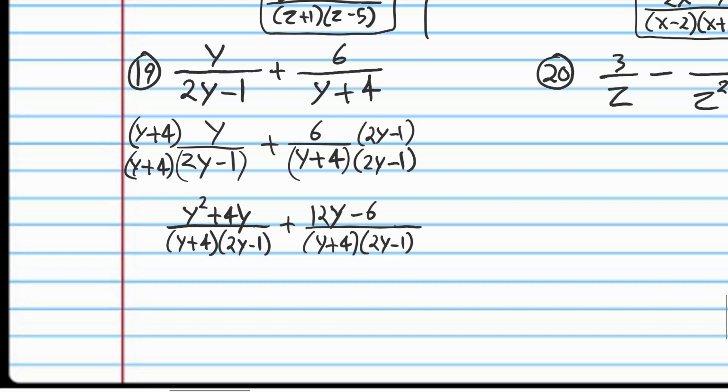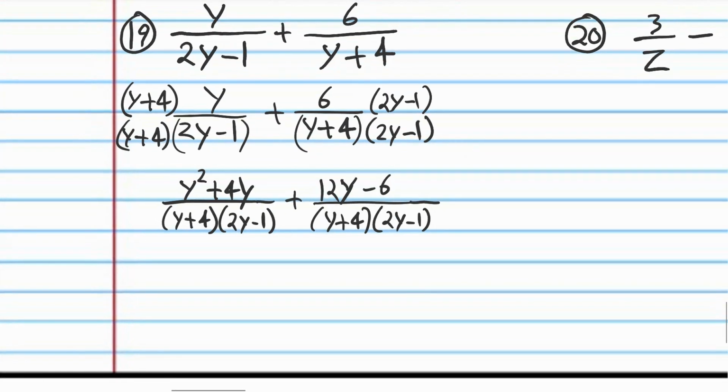And now we can combine, because we have a common denominator. So remember, you can only combine like terms. We learned this in the class on polynomials. You can't combine y squared with anything, so we'll just write y squared. But you can combine the 12y and the 4y. That would be 16y. And again, we don't have a negative here, so we don't have to worry about changing these signs. And then we just add the negative 6. There's nothing to combine the negative 6 with.